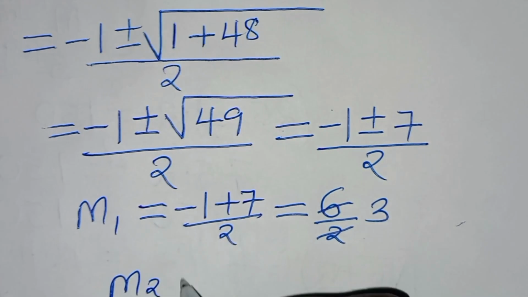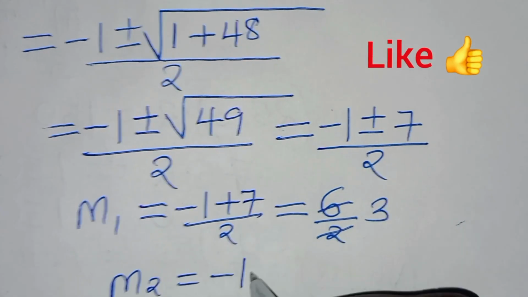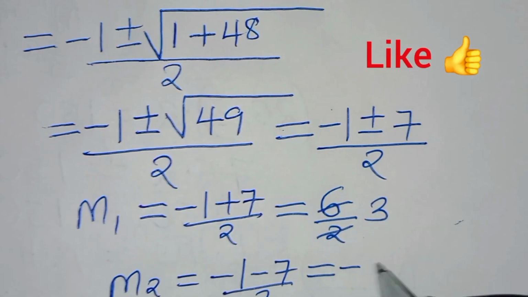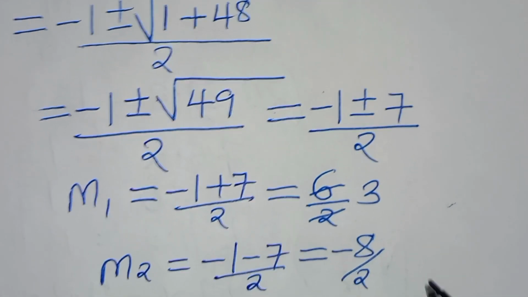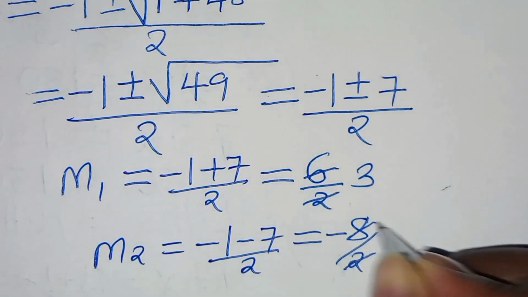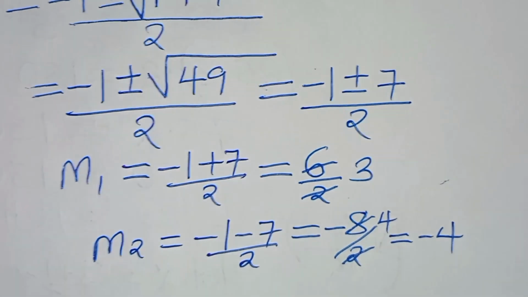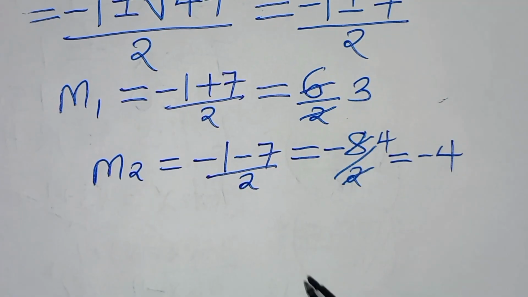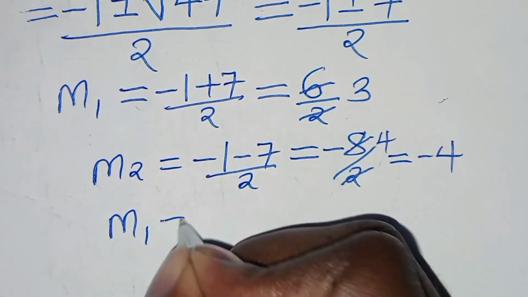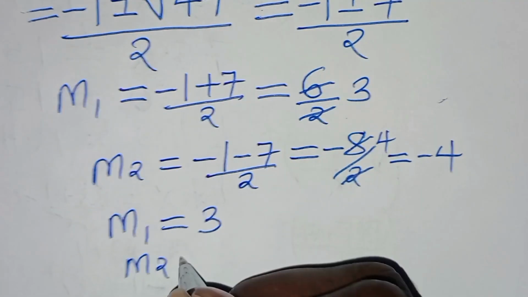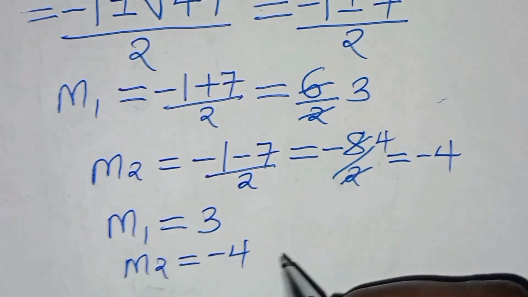m2 from here is the same thing as minus 1 minus 7 over 2, which is minus 8 over 2. And this implies that m2 is equal to minus 4. So we have m1 equal to 3, m2 equal to minus 4.